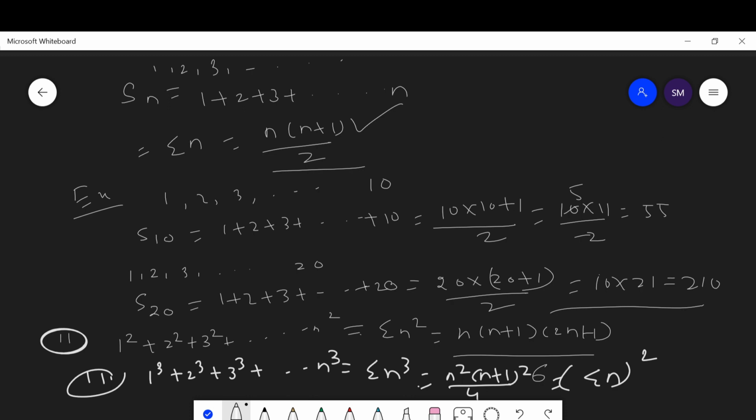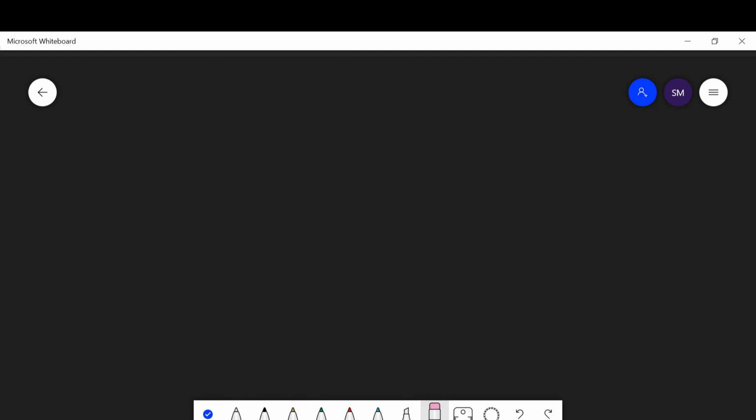Then let us discuss some important properties of AP. At first try to understand the property.